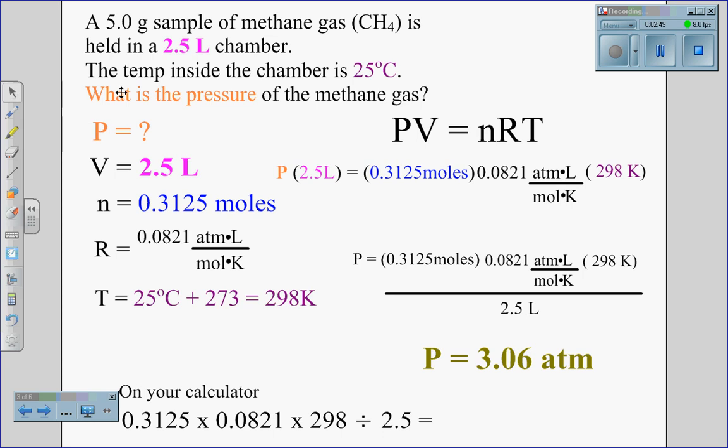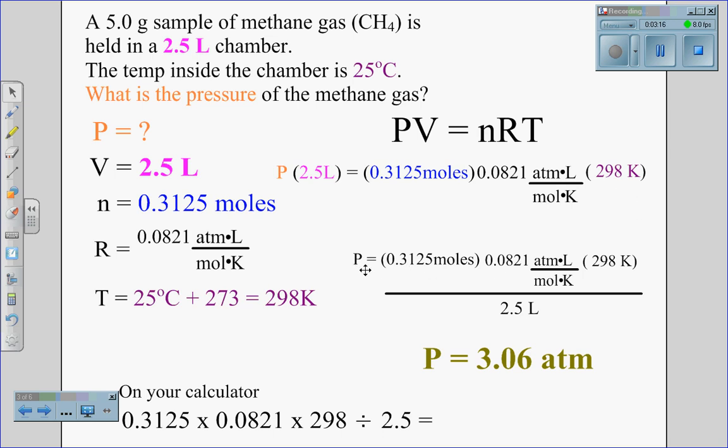We can now work the ideal gas law equation. PV equals nRT, where P is the value we're looking for. The volume is 2.5 liters. The number of moles is 0.3125 moles. The gas law constant, which is always the same, 0.0821 atmospheres times liters divided by moles Kelvin, and our temperature is 298 Kelvin.